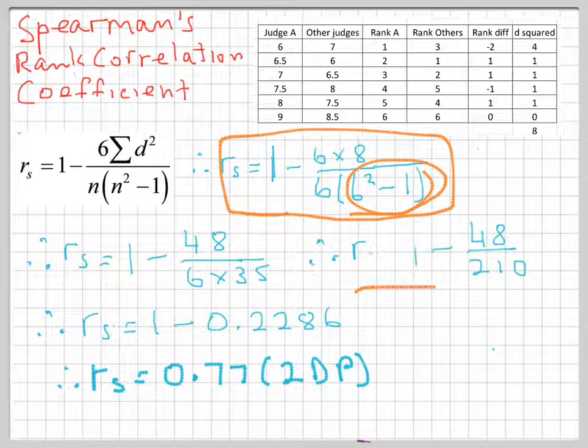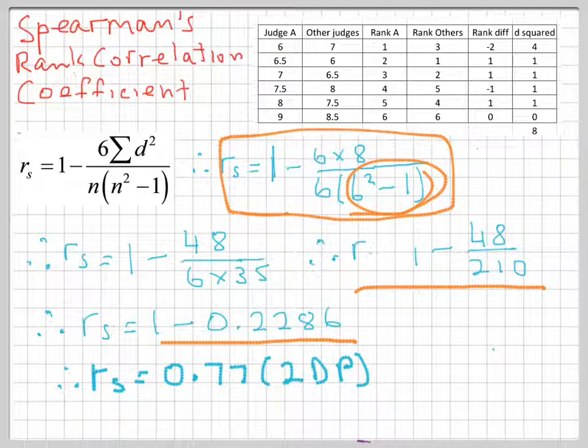Therefore, R equals 1 minus 48 on 210. And using our calculator, we discover that R subscript S will equal 1 minus 0.2286, and therefore the Spearman rank correlation coefficient will equal 0.77 to 2 decimal places.